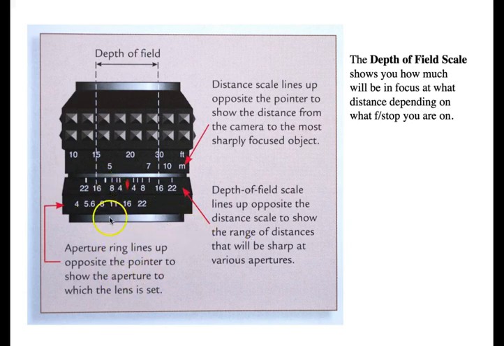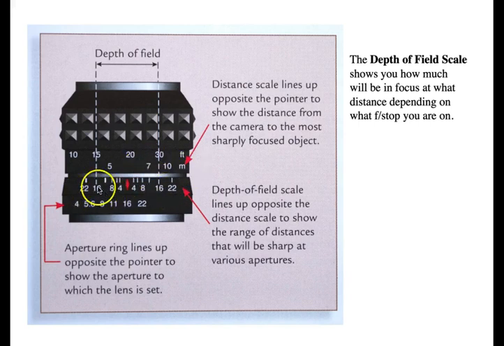Now, our aperture and our f-stop control depth of field as well, meaning how much is going to be in focus. And I mentioned the smaller the f-stop, the less is going to be in focus, the more shallow. And then the larger the f-stop, it's actually the smaller the hole, but the greater your depth of field will be.